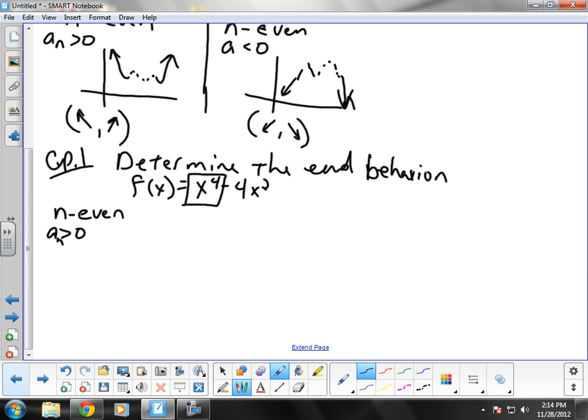So that means that it's going to start up and finish up. Or the way the author writes it is he says it rises to the left and rises to the right. That's all there is to it.